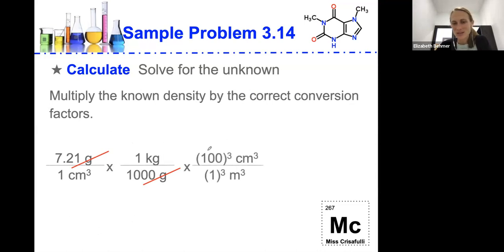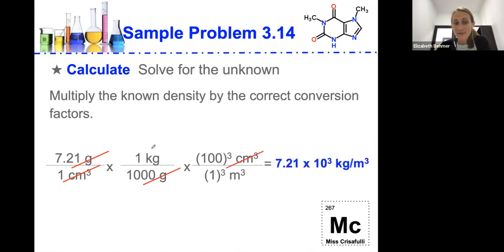So now we're going to use our centimeters cubed, but notice when we use our 100 centimeters per 1 meter, because the centimeters is cubed, we're going to have to cube our conversion. So that will cancel out our centimeters cubed.